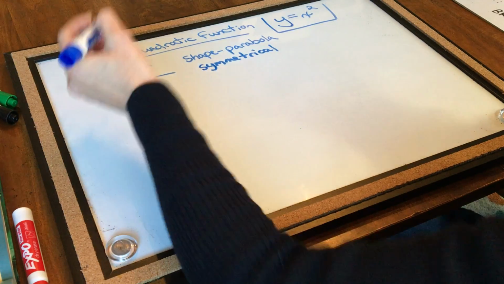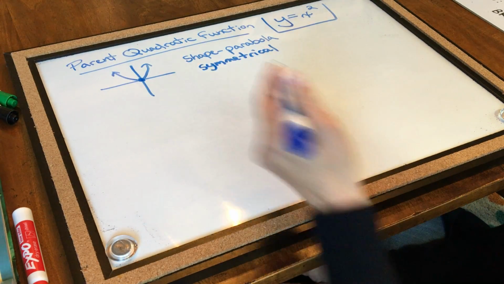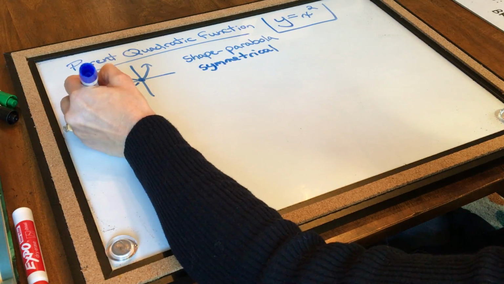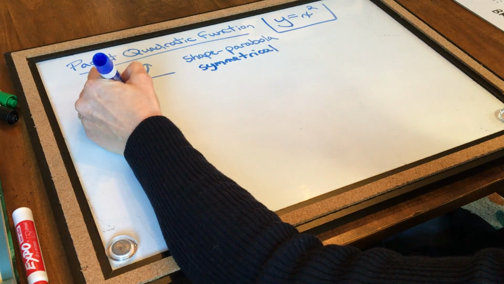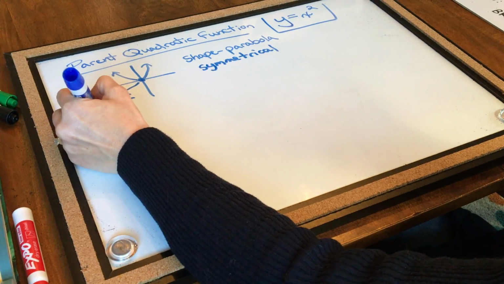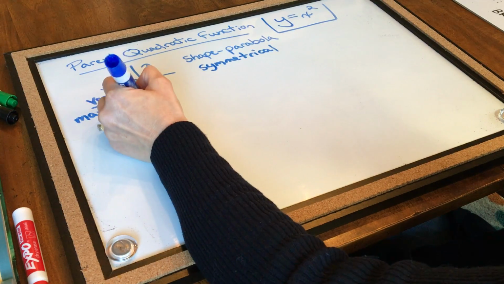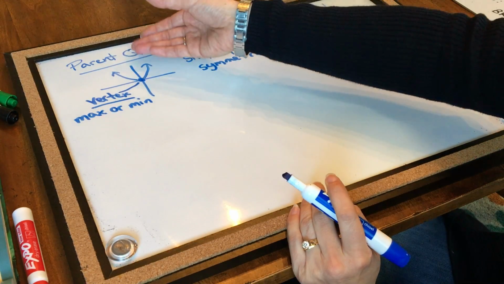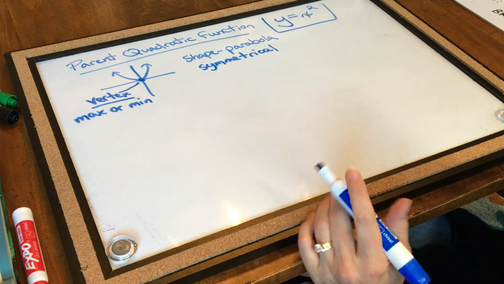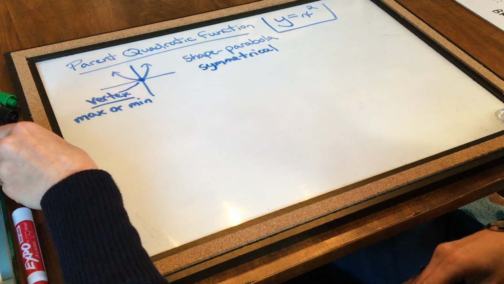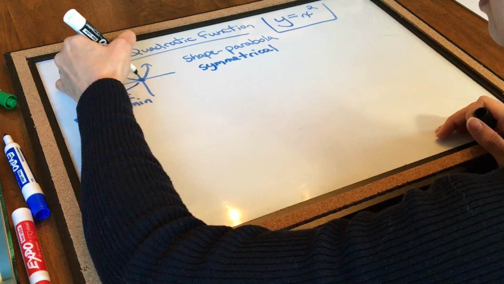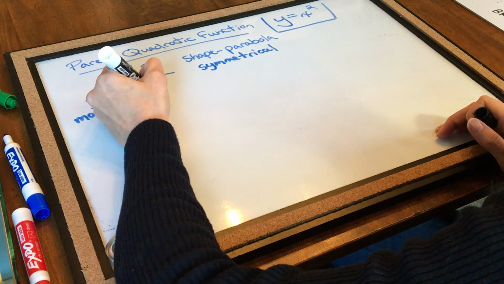This point right here, which is in the middle of the line of symmetry, is called the vertex. And our vertex point can be a maximum or it can be a minimum. We're going to take a look at what happens. How does our parabola get flipped over to the bottom? Also, maybe I'll just draw this in with a little dotted line just so you guys can see what this looks like.